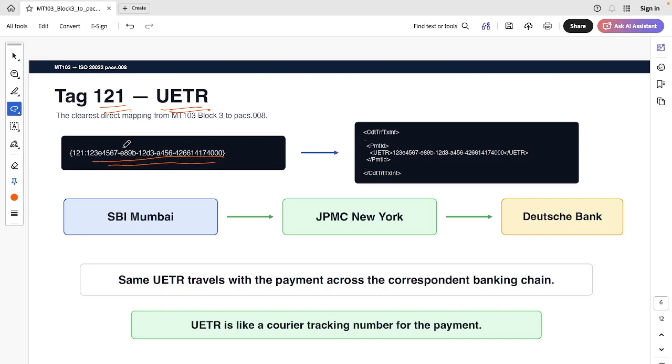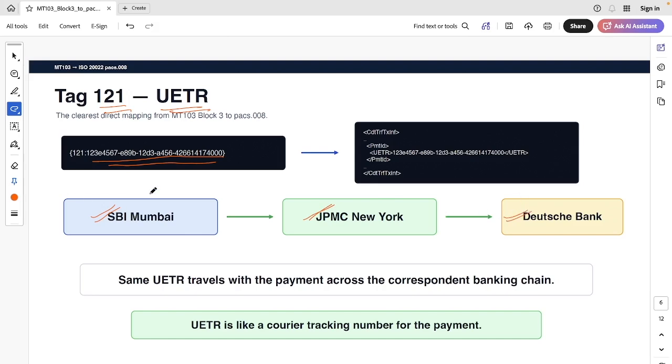The easiest way to understand and not forget the UETR is to compare it with a courier tracking number. When a parcel travels through different sorting centers and delivery partners, the same tracking number helps us follow the parcel. Similarly, when a cross-border payment travels through different correspondent banks, the UETR helps the participating institutions follow the payment. Suppose SBI Mumbai sends a customer payment through JP Morgan Chase in New York to Deutsche Bank in Berlin.